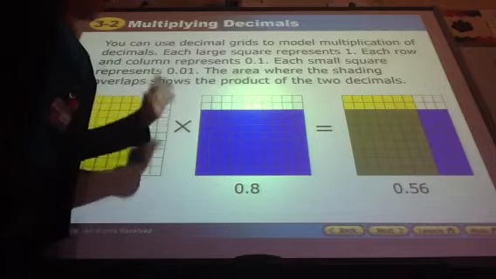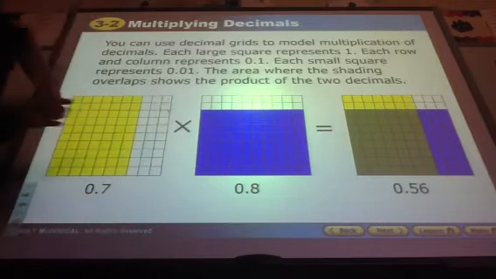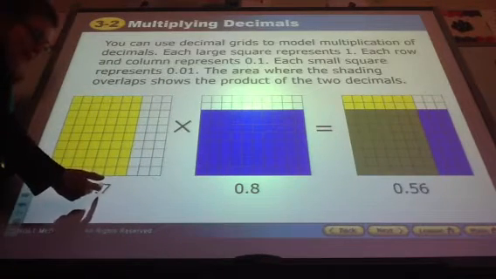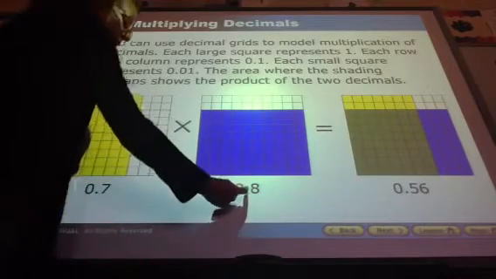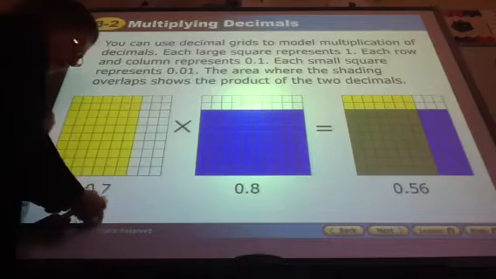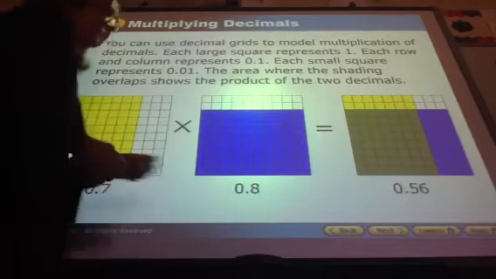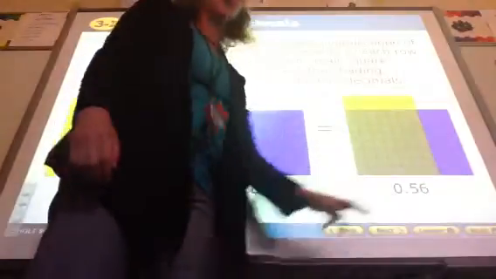Okay? So what we want you to understand here is that if I just took 7/10ths times 8/10ths, you learned a long time ago that you have to count up the decimal places behind the decimal point. There are 2 of them, so your answer is going to have 2 decimal places.